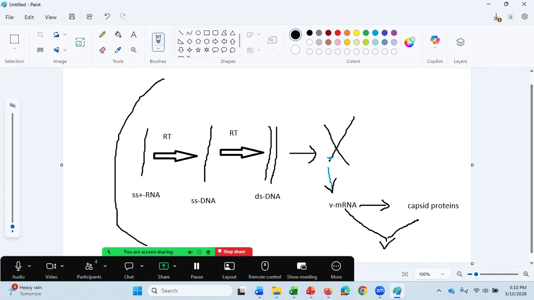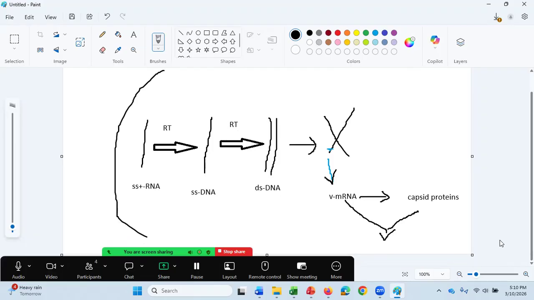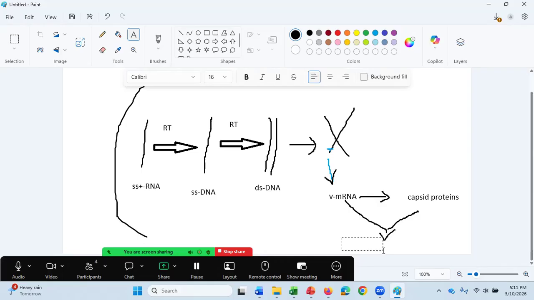Let's see if I can move down a little. And this new virion will then bud out of one of the membranes of the cell, depending on the species of retrovirus.